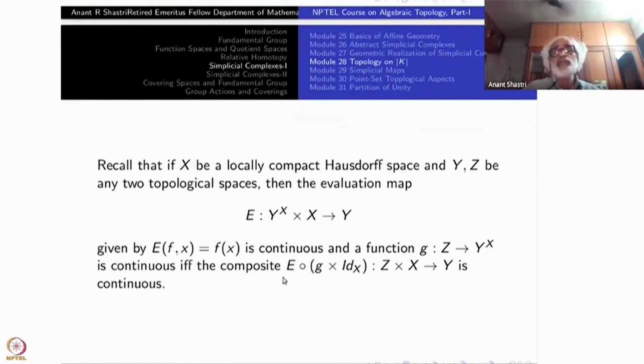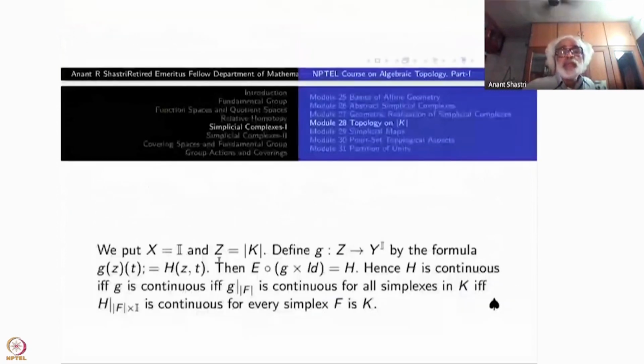These were parts A and B of that theorem. So I use X to be the closed interval [0,1], because that is locally compact, and put X as I and Z as mod K.